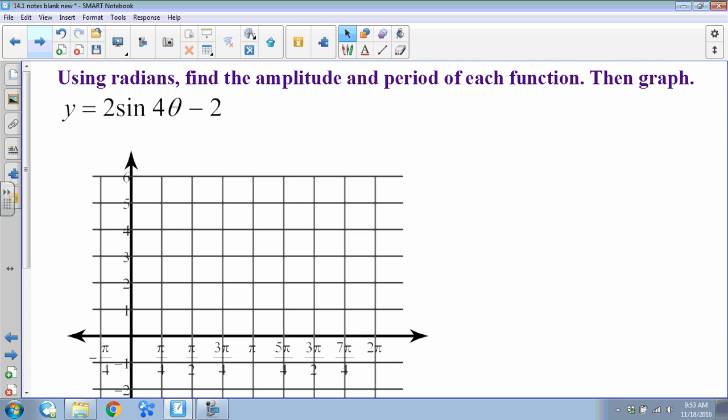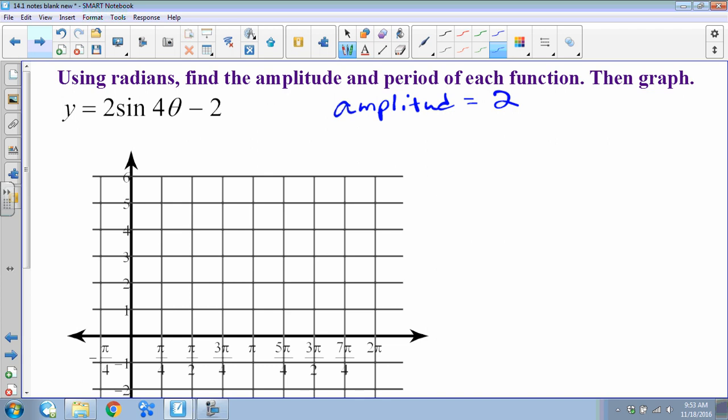One more, where we have a vertical change, amplitude, period change, and it's in radians. What's the amplitude?